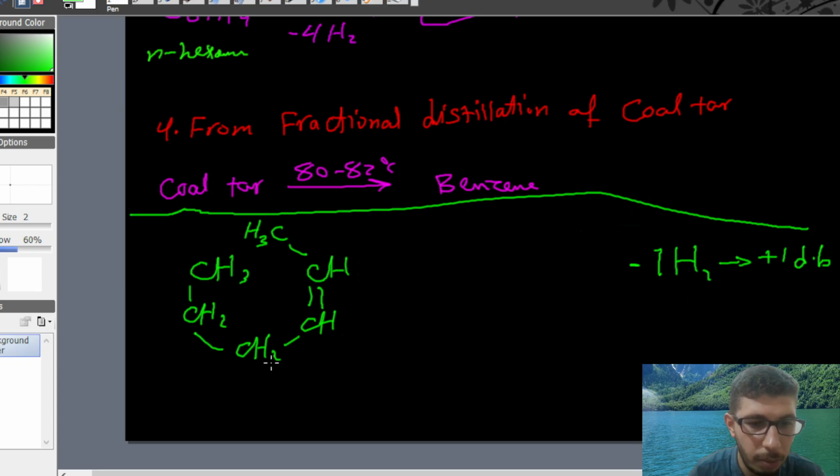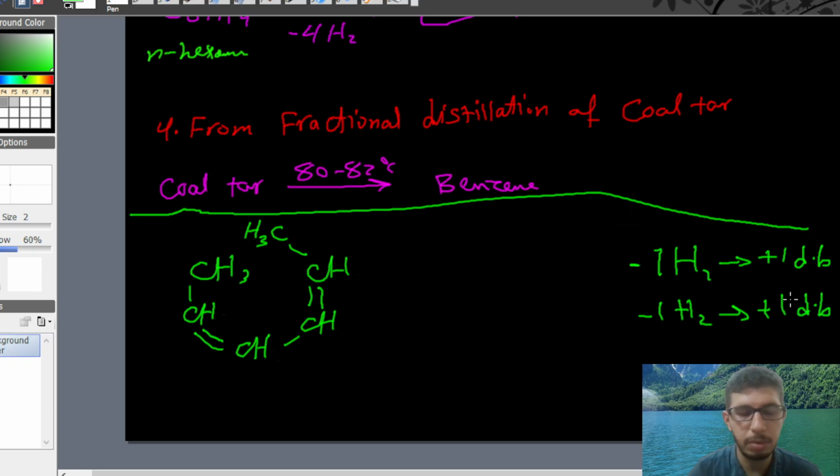Okay, so how about removing another mole of hydrogen? Just like here, 1 mole of hydrogen, and I will form a double bond. So removing another mole of hydrogen gives me another double bond.